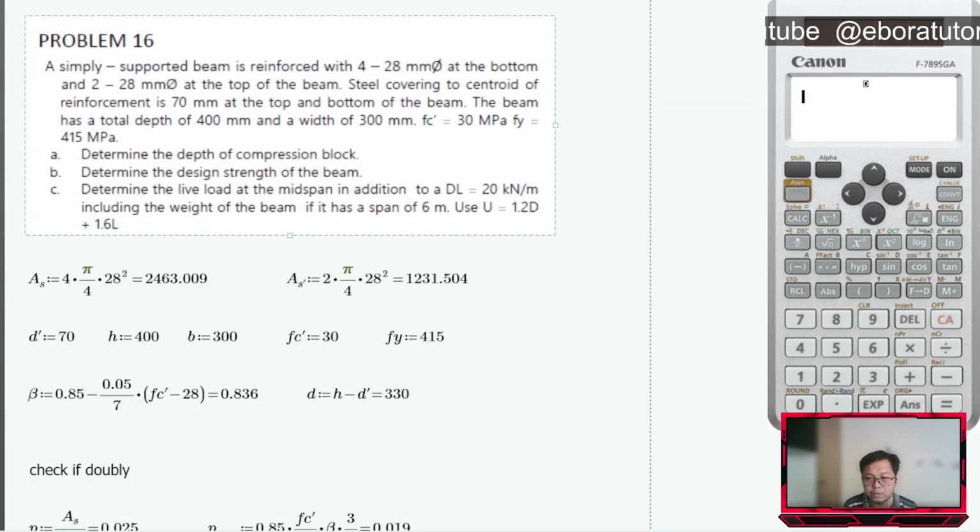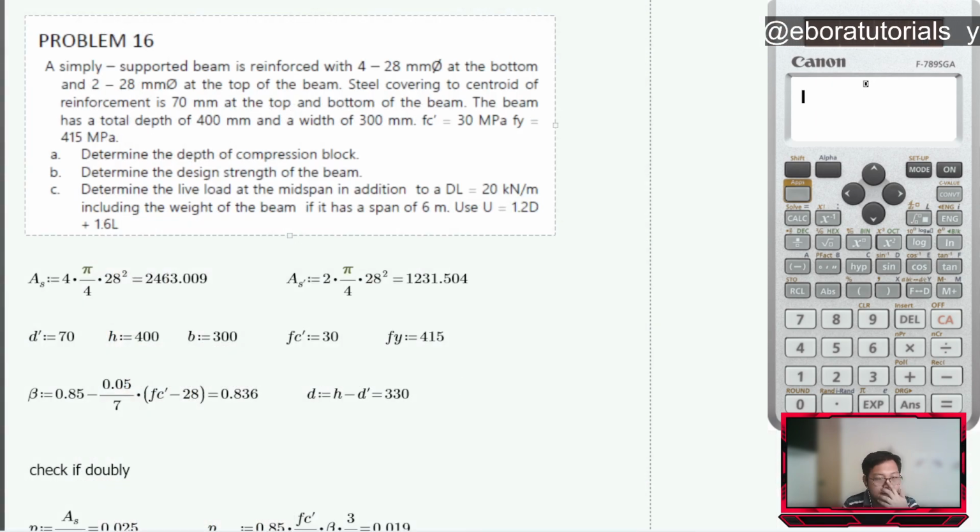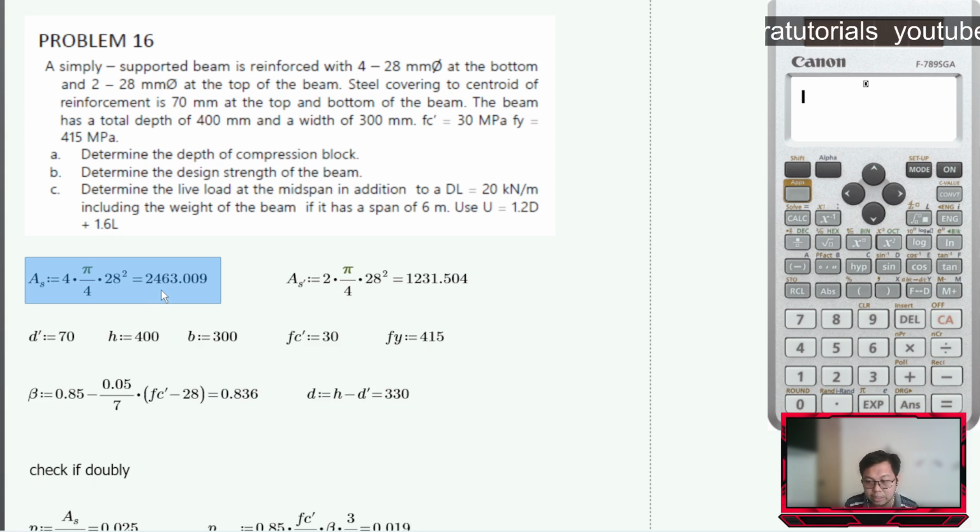Anyway, I'll try to explain the flow of the solution. So first, of course, we need to solve for the total area of steel sa tension and then total area of steel sa compression. By the way, that's AS for tension, AS prime for compression. And then you have the D prime, yung total height, yung width B, FC prime, Fy, beta.